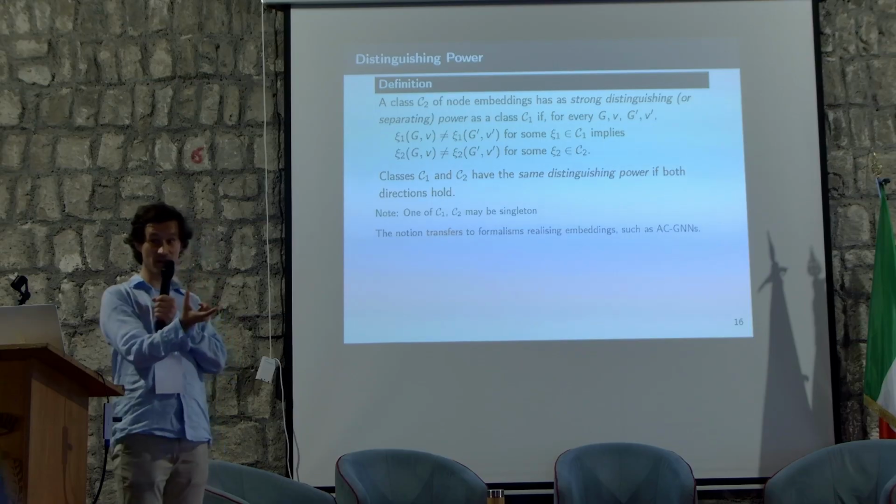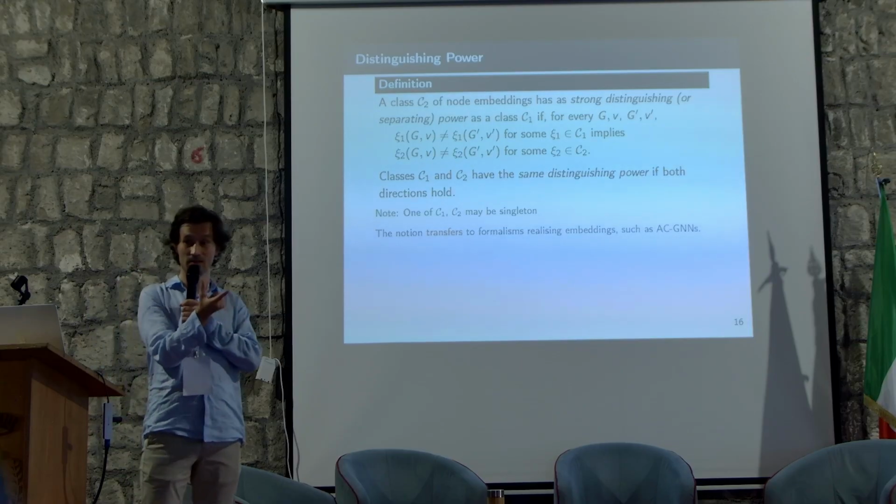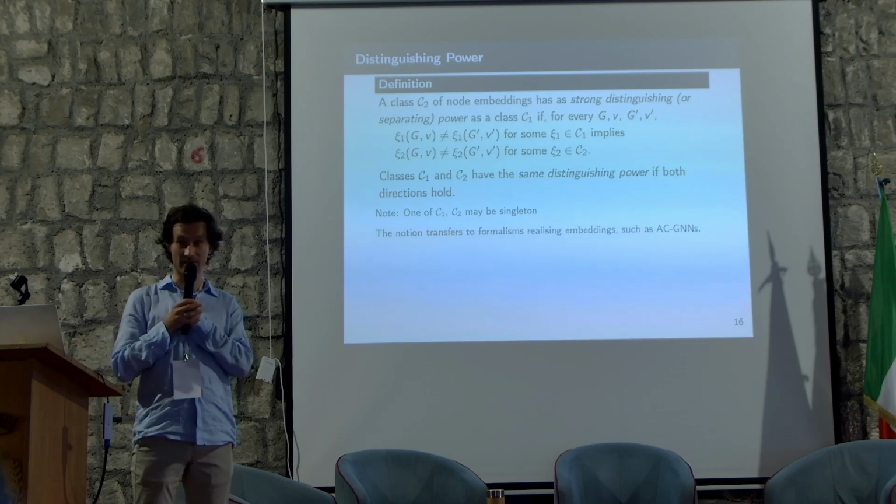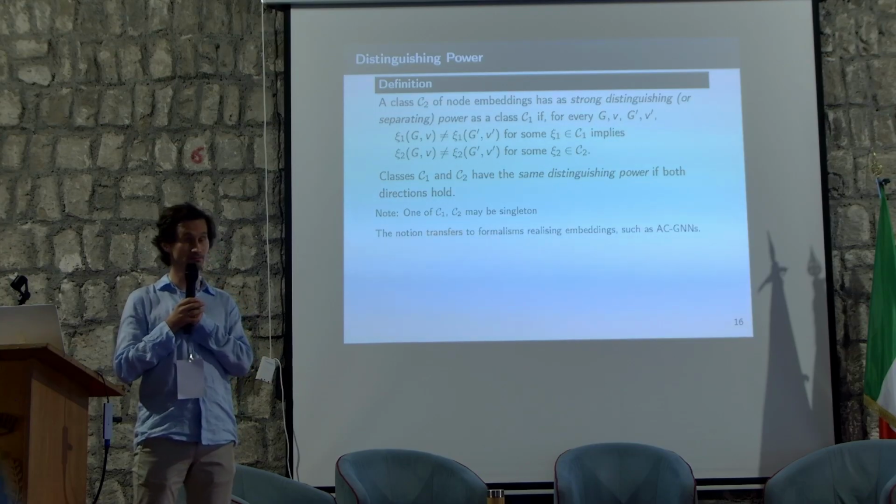If we can distinguish two nodes with some GNN, then we should be able to distinguish them in another. All right? Good.